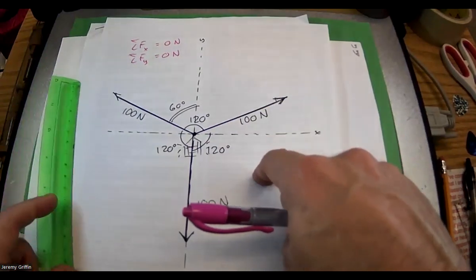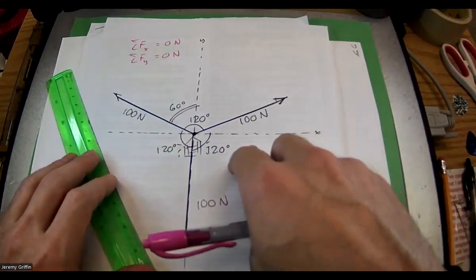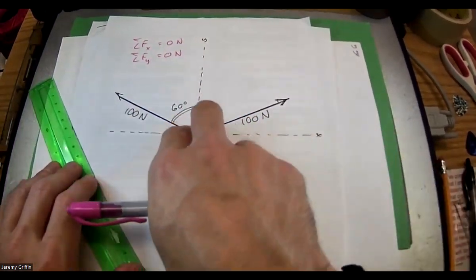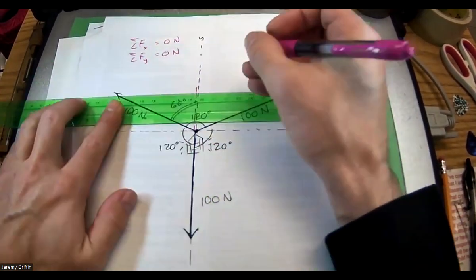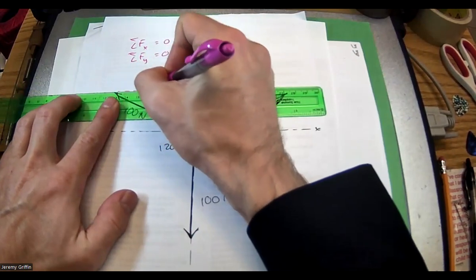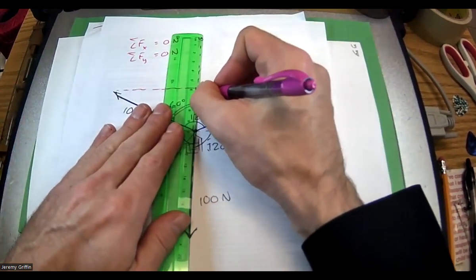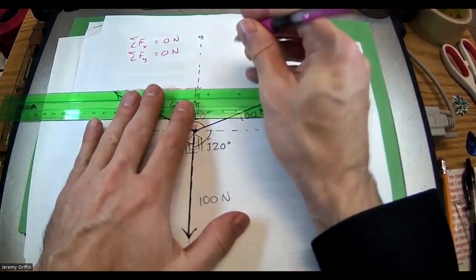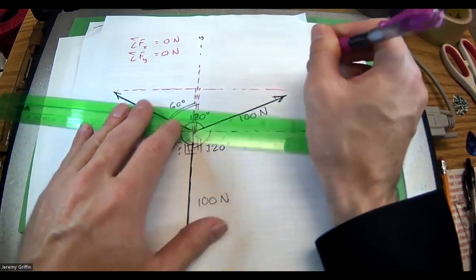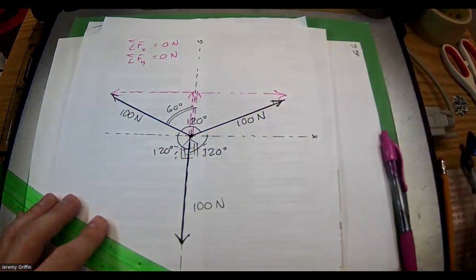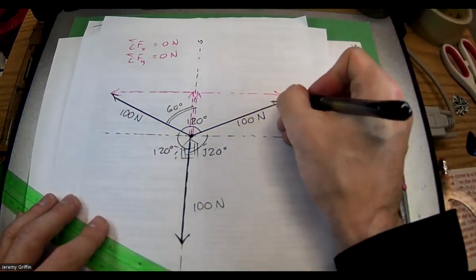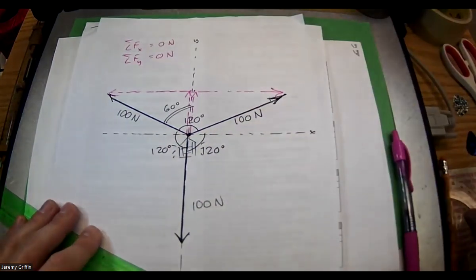Since I have this Cartesian system established, can I break these two guys into components? This guy's pulling kind of up and kind of to the left, and this guy's pulling kind of up and kind of to the right. I see some right triangles going on there, right?